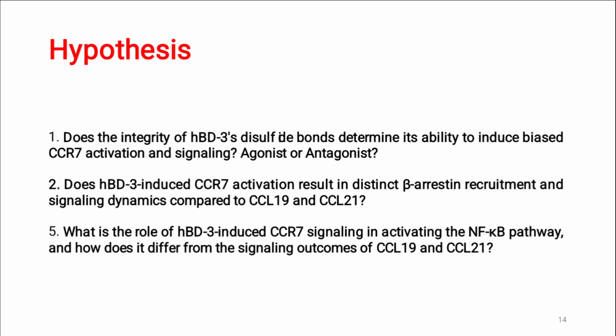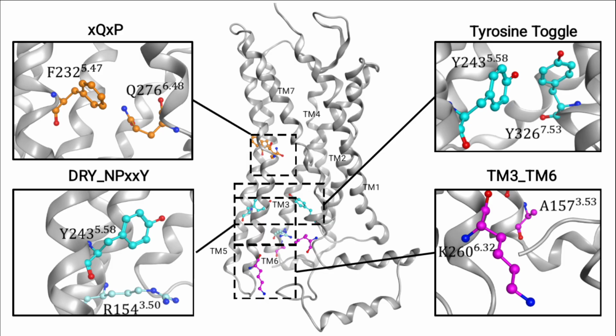We would like to see what the difference is. And last but not least, if we can prove that there is beta-arrestin recruitment, later on we would like to see whether it plausibly also can activate the NF-kappa B pathway.